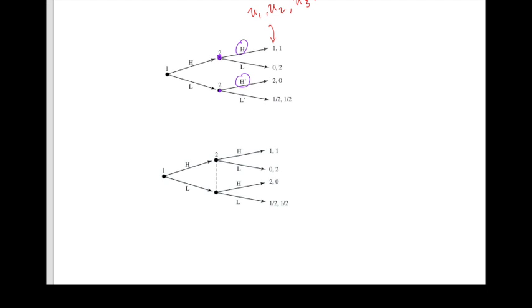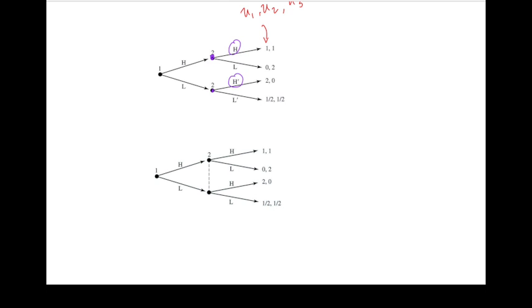You can compare this with a very closely related game where player 2 doesn't know what player 1 has done. So here, player 2 does not know whether he is following player 1 after 1 has played H, or if he's following 1 after 1 has played L. The two choices he has are H and L, no matter whether he's at this node or at this node. And that's why we would not distinguish between the actions that he has available to him.